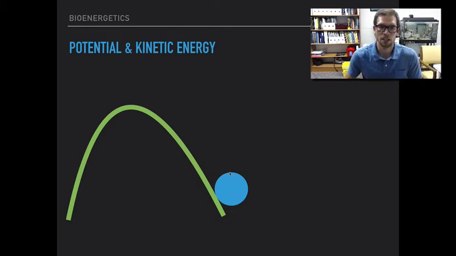Now, energy does come in more forms than just this simple motion. Energy can come in the form of heat, chemical energy, energy of motion, radiation energy, and the electricity that's associated with an electrical current. All of these types of energy can actually be interconverted, and because of that you can use the same units to describe them.